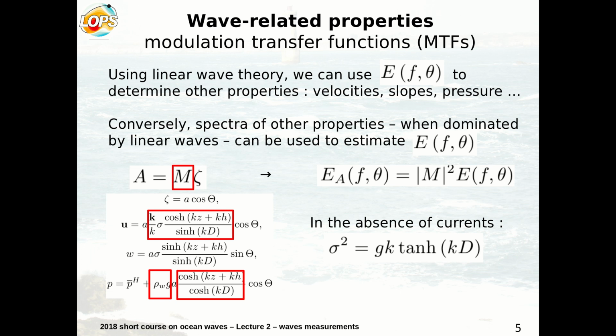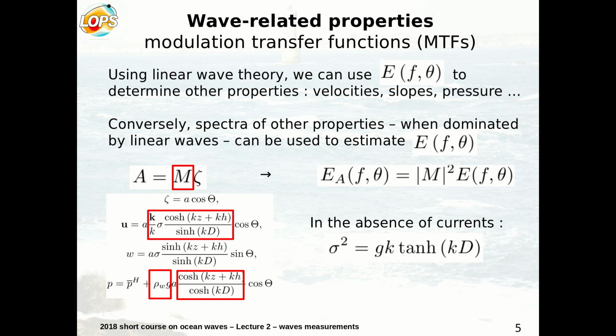So you can use it that way to transform surface elevation into something else, like velocity or pressure or anything. You can also invert that relationship and measure the something else, the pressure, the velocity, or whatever, and then invert the elevation from that. And this is actually what's done by most measuring devices.